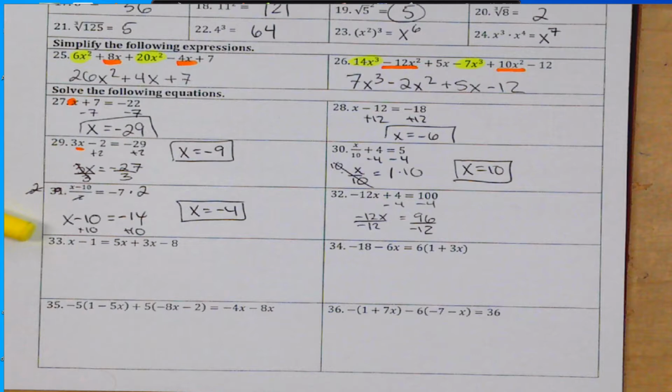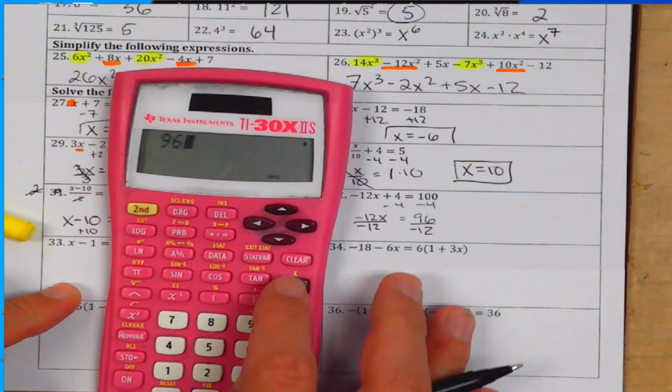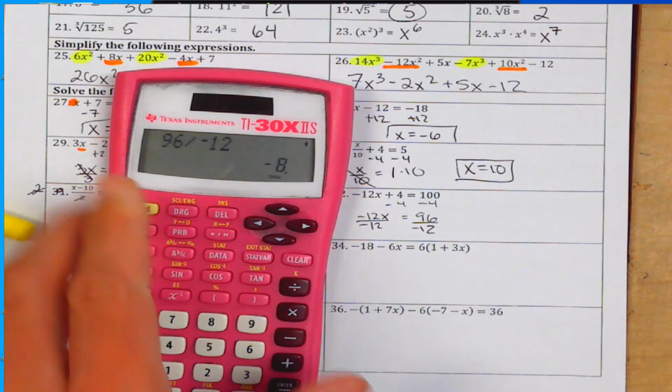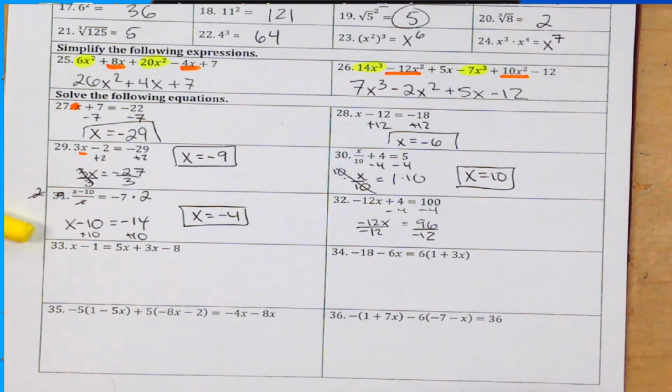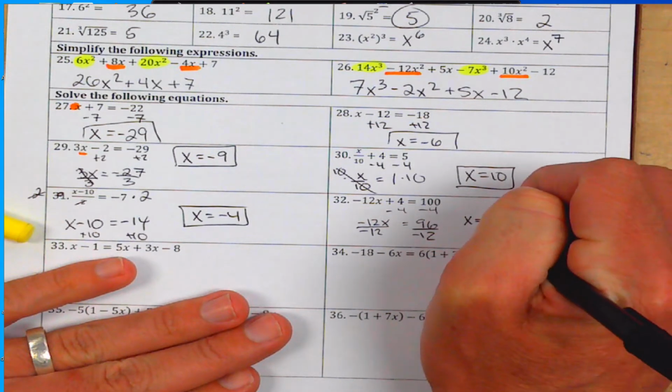That would probably be too big. It's probably going to be 8 or 7, something like that. But feel free, if it's a bigger number and you need to, take out a calculator and help yourself out. And so it is negative 8, which we kind of were thinking it was probably 8. Maybe we weren't sure if it was going to go in evenly. So that's a negative 8.